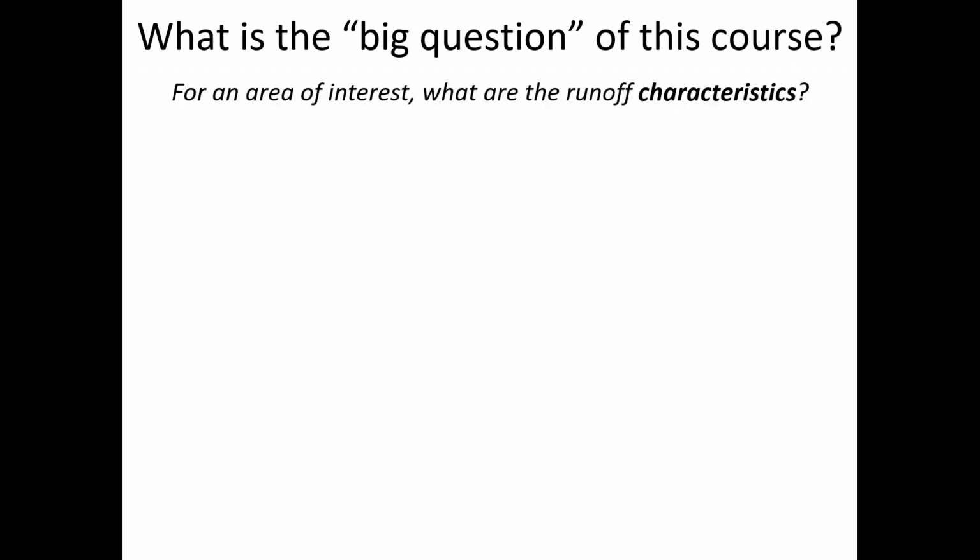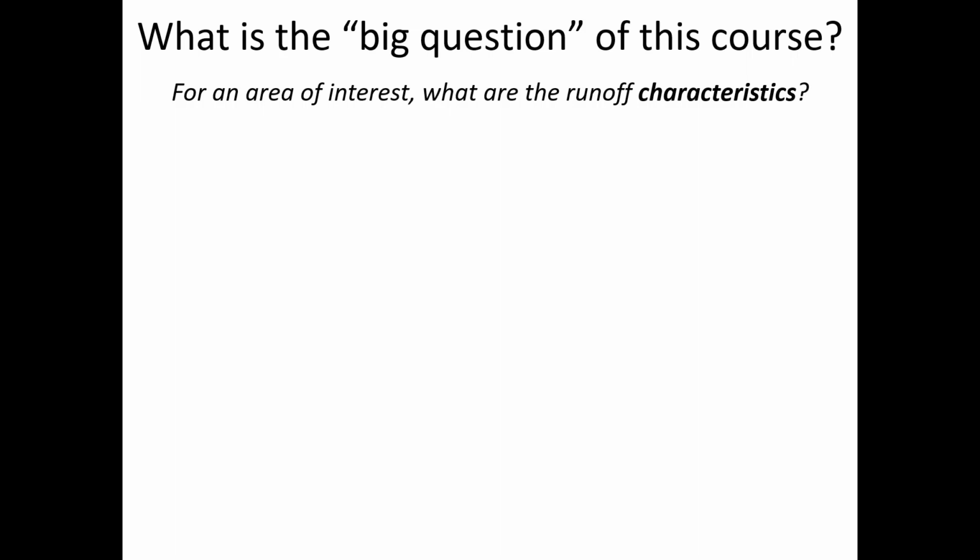I think maybe I've introduced this slide before, and if I were going to distill down into just a single sentence what we're trying to answer, the big question of this course, it is, what are the runoff characteristics? And so not just the peak flow rate, but also the variation in time, the temporal distribution of the runoff hydrograph.